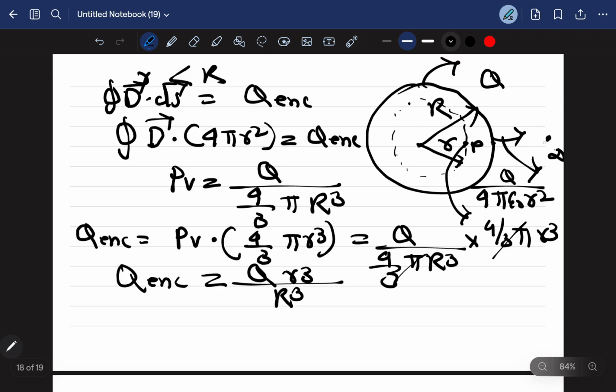So we have to break the limit from infinity to the surface of the sphere, and then again from the surface to the point where we have to find the potential inside the sphere.